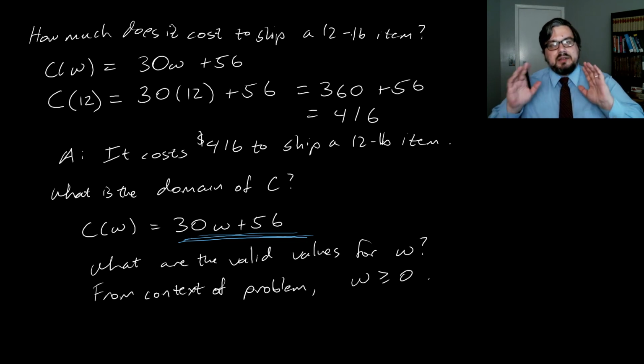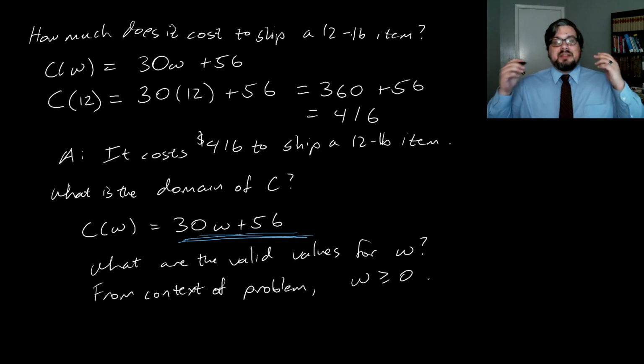Now, we can have a discussion about whether this should really be greater than or equal to 0 or just strictly greater than 0, because it's a question about whether they would even consider shipping something that registered no weight on their scales, but they might. So a 0 weight might make sense, but a negative weight certainly doesn't.